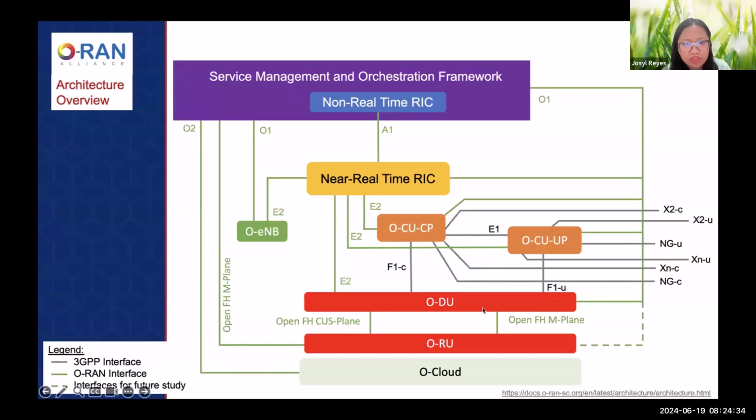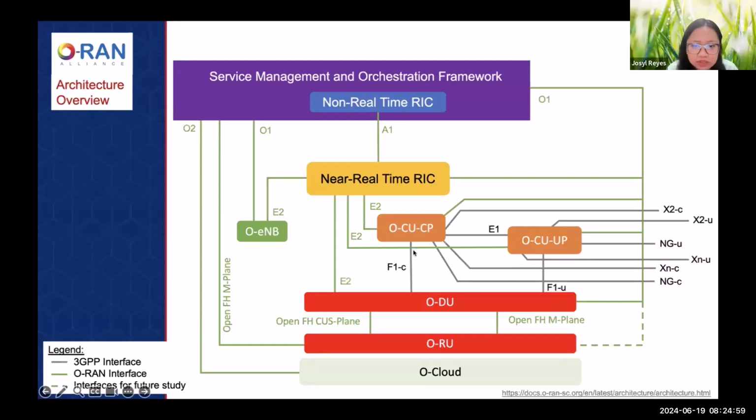Just remember, the distributed unit and radio unit are connected by the fronthaul interface. And then between the CU and DU, the interface connecting the two components is what we call the midhaul interface. Particularly, the midhaul interface is F1. This is a 3GPP midhaul interface.